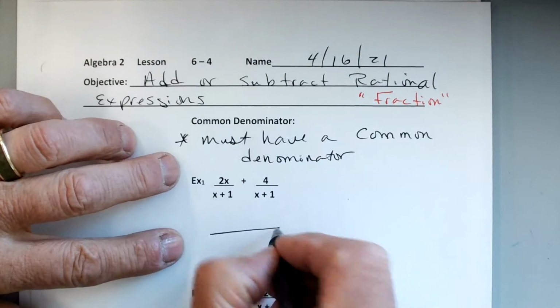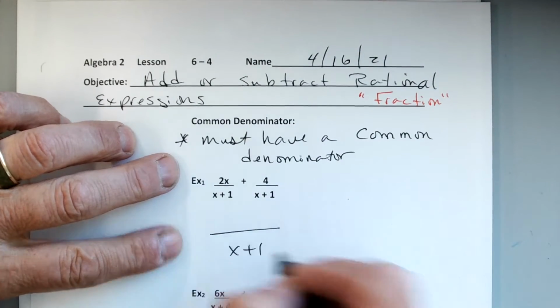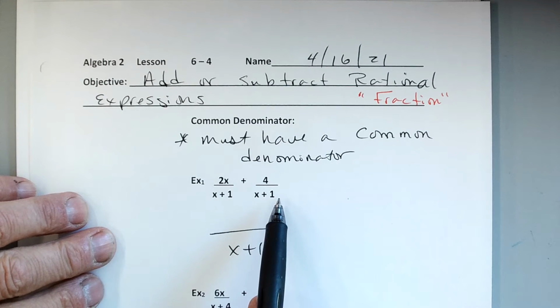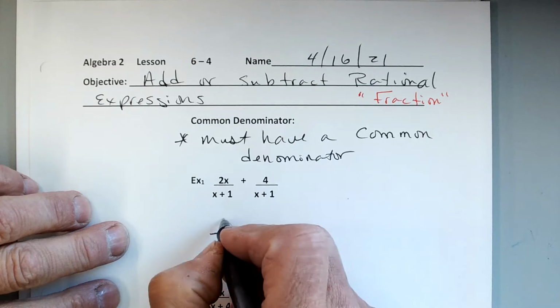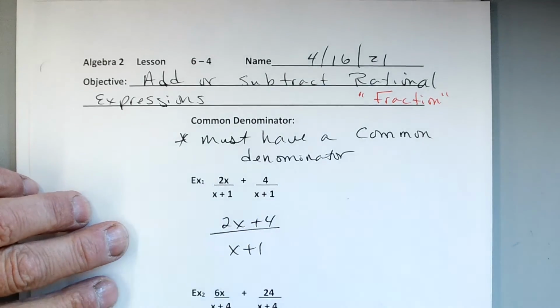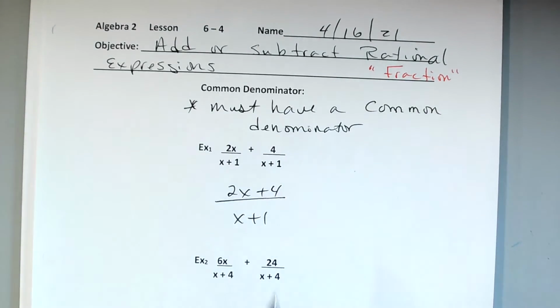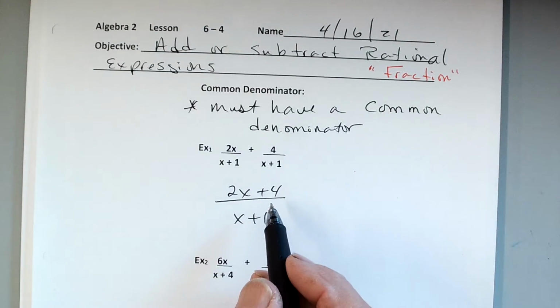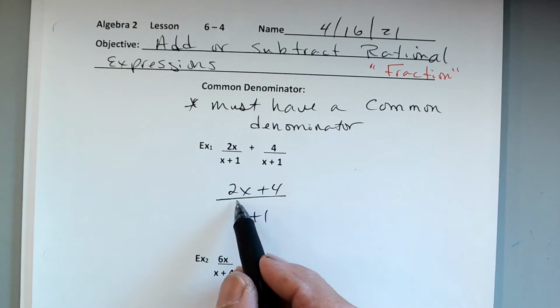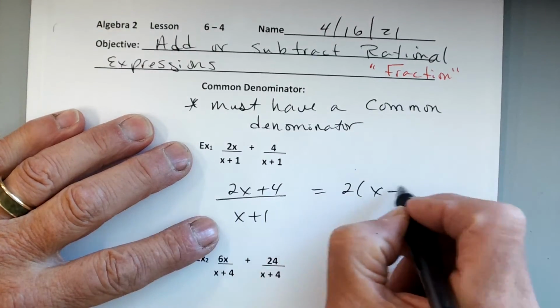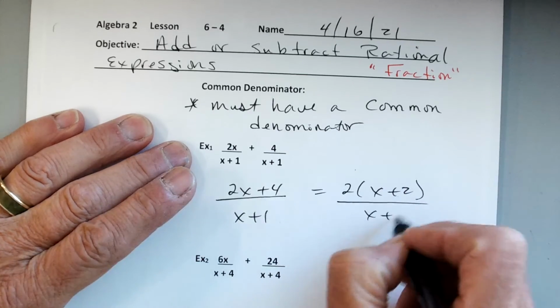I'm going to say my common denominator is an x plus 1, and then I'm going to add 2x plus 4, and a 2x plus 4 is just a 2x plus 4. You cannot add these, okay? Now, sometimes we can do more with this. Sometimes we might be able to factor and cancel, but in this case, it doesn't really help me.